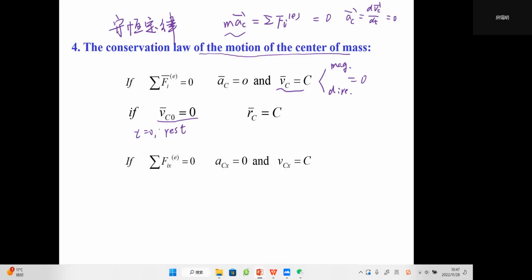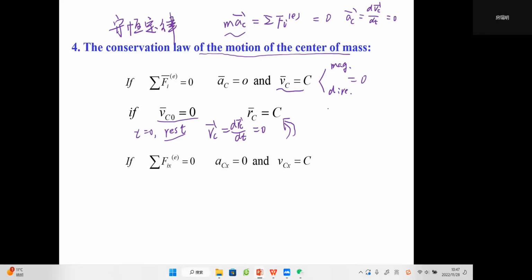So if at the beginning the whole system is at rest, that means vc, which also equals drc/dt, equals 0. Then it deduces to this: the position vector of the center of mass of this system will be a constant vector, right?